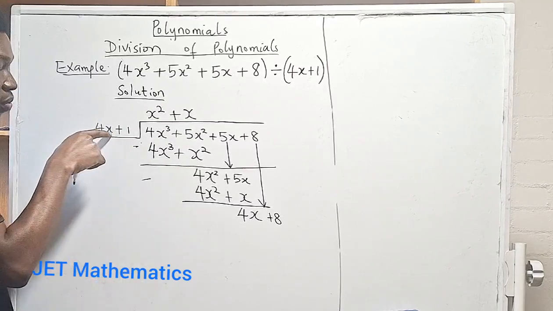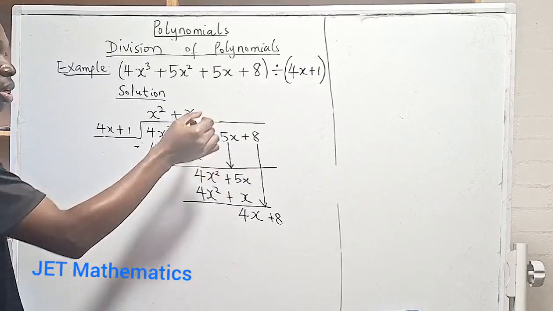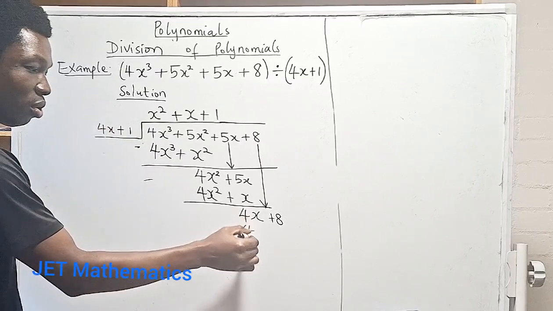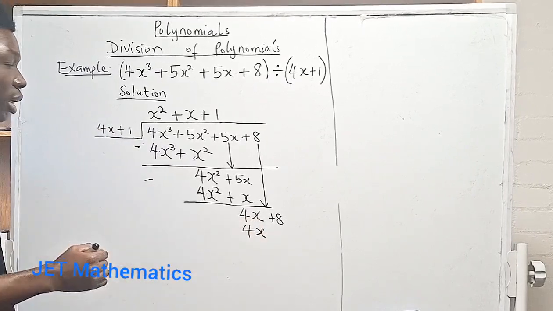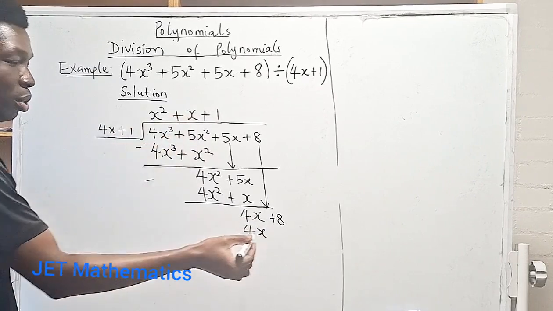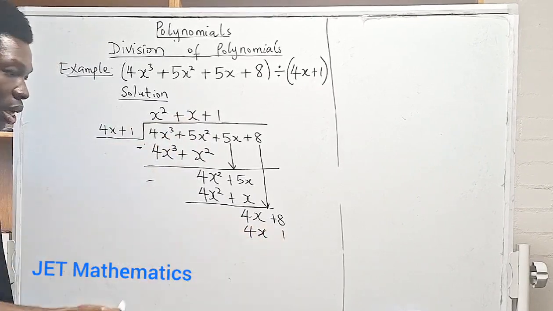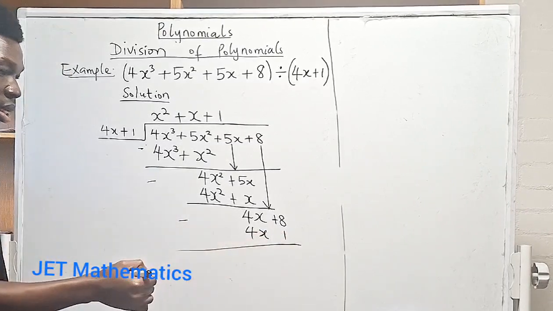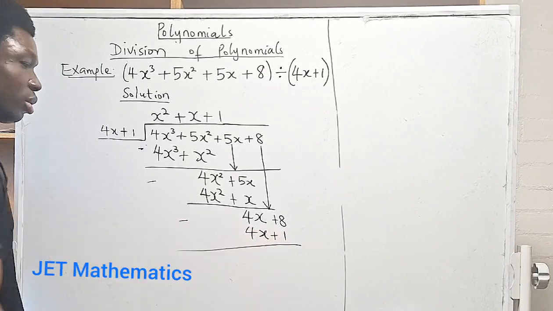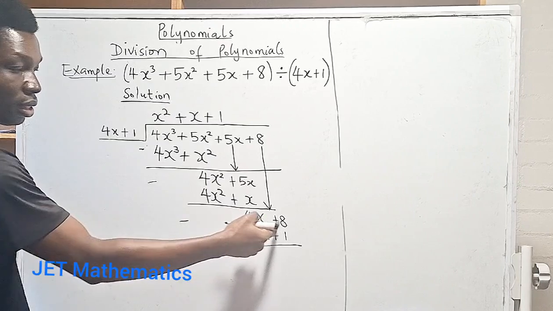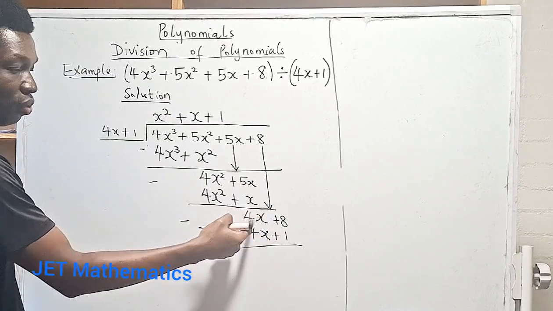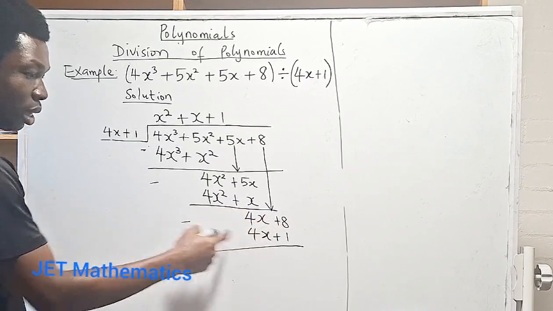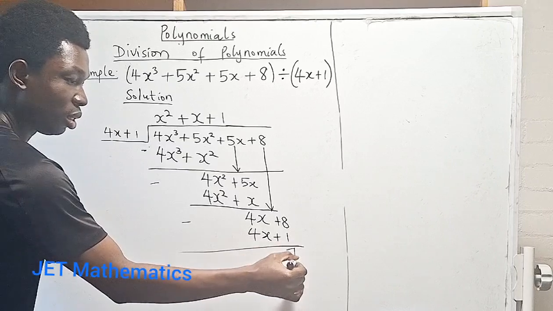So 1 times 4x gives me 4x, and then 1 times 1 gives me plus 1. And then I subtract again. 4x minus 4x goes off, becomes 0, and then 8 minus 1 gives me 7.